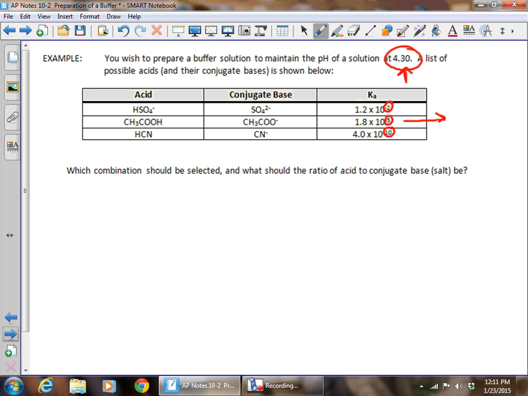So we're going to use the CH3COOH system since it has a pKa closest to 4.3. So we're going to choose the CH3COOH system with the CH3COO, acetic acid and its salt, because the pKa is approximately equal to the pH, and that's what we want it to be.